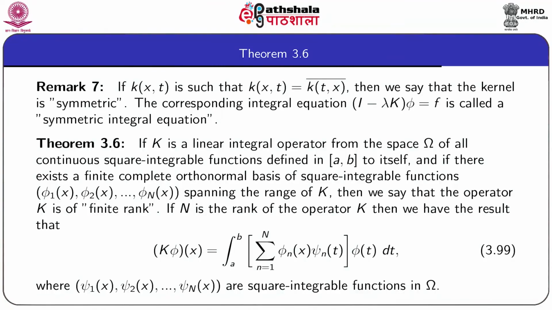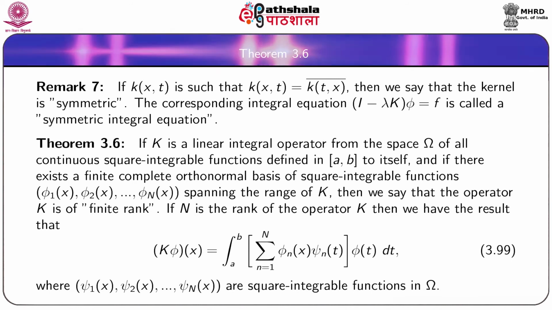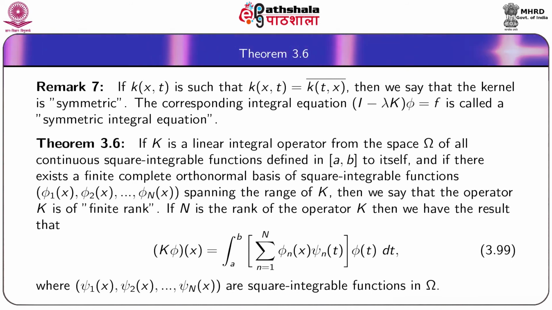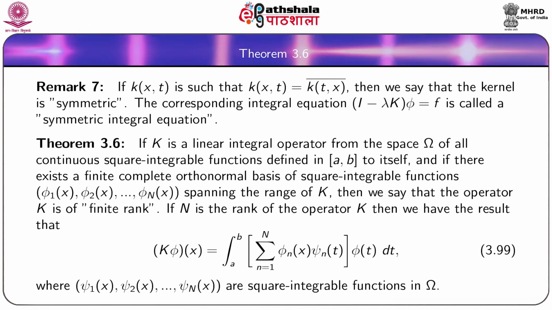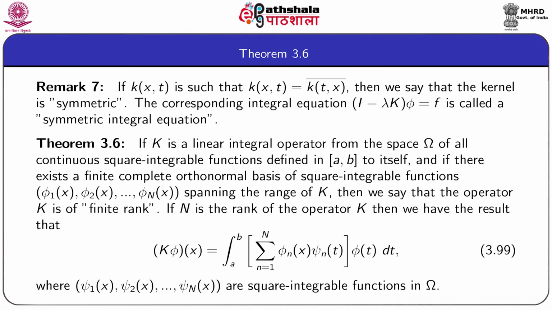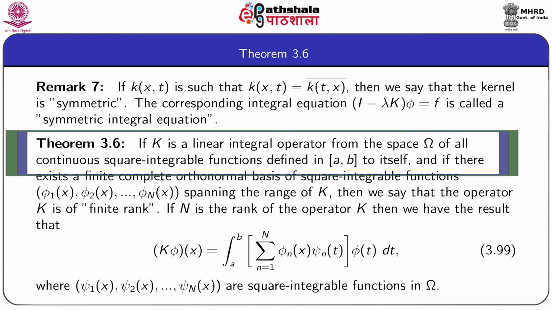If the kernel k(x,t) is such that k(x,t) equals k bar (t,x), then we say that the kernel is symmetric, and the corresponding integral equation (I minus lambda K) phi equal to f is called a symmetric integral equation. Next we come to theorem 3.6.